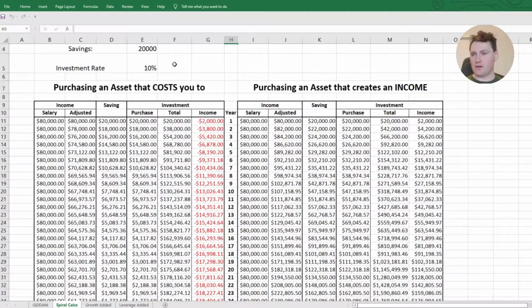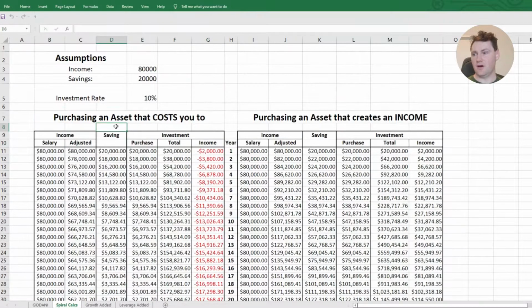The way this spreadsheet works is that on the left-hand side is the direct comparison of purchasing an asset that costs you to maintain, and on the right-hand side is an asset that creates additional income. All right, so let's take a look down below here.